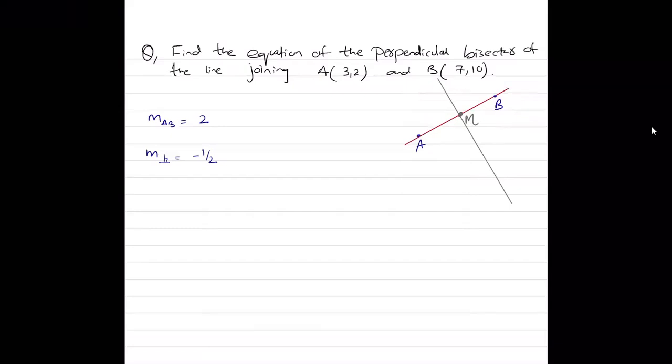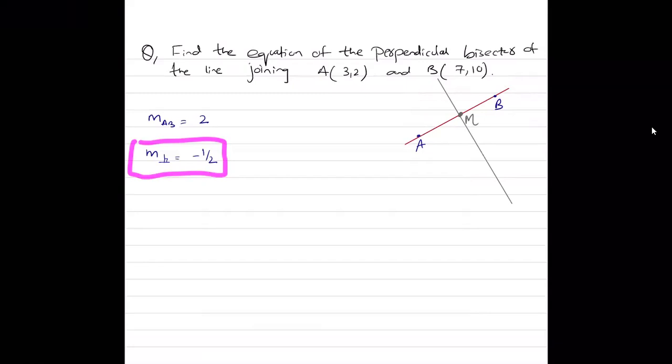So if I want to find the equation of the perpendicular bisector, I need the gradient of the perpendicular bisector, which I just found, and I need the point where the line passes through.